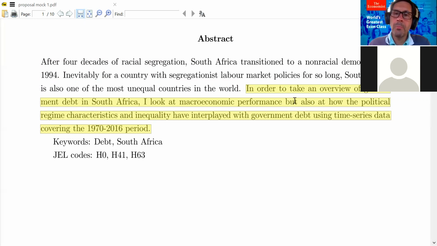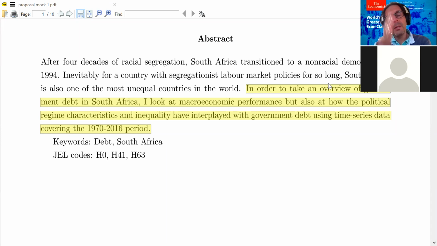So I'm proposing to study not only the role of macroeconomic performance on government debt in South Africa, but also the role of the political regime characteristics, such as apartheid, or a regime which had less democracy.